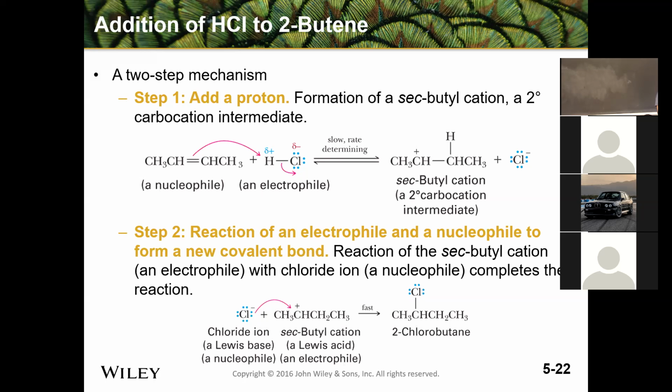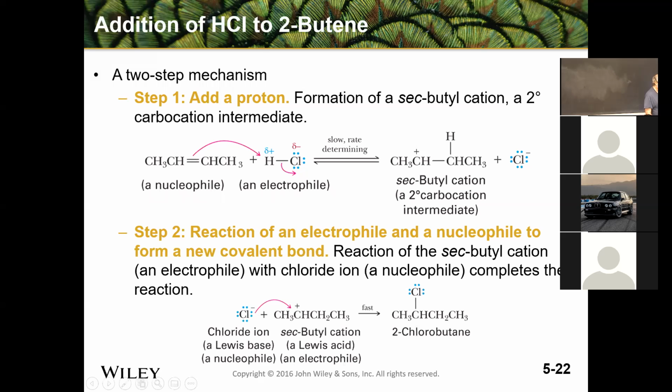Okay, I have about 3 minutes remaining. We'll go through the mechanism for addition of HCl to 2-butene. The way this works is an example of addition of a proton.